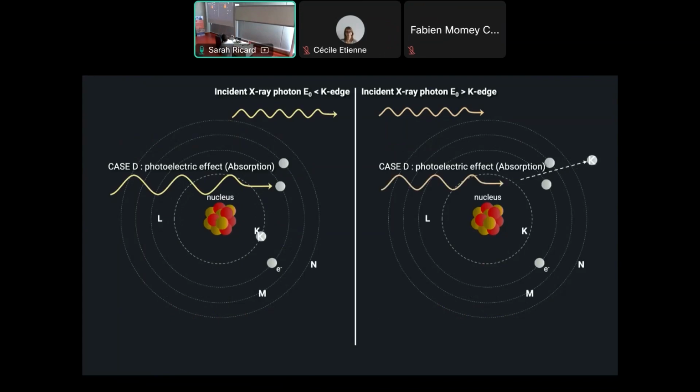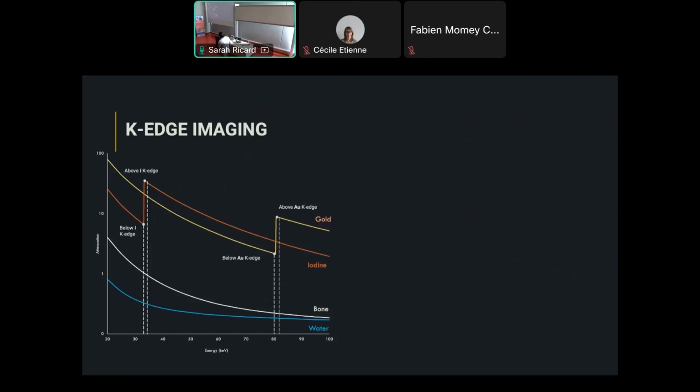While if you have this big energy, you eject the electron, and for electronic stability, another electron goes from the outer layer to the inner layer, and then you observe this absorption at this specific energy. You have maximum chance of getting this at the exact energy of the edge.